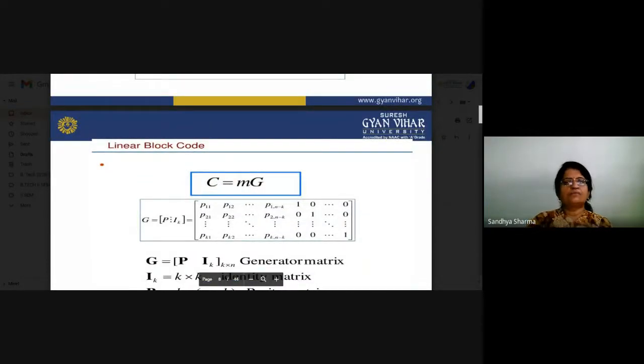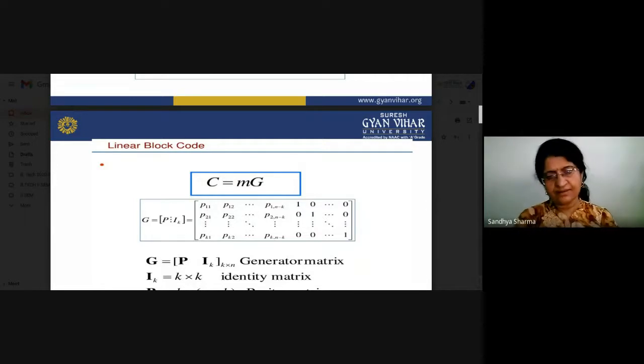So that is a basic standard generator matrix. We call this type of matrix a generator matrix, and it is responsible for generating the code word. The generator matrix is basically a parity matrix and an identity matrix.